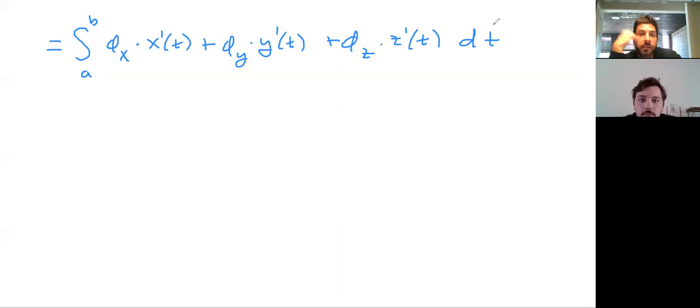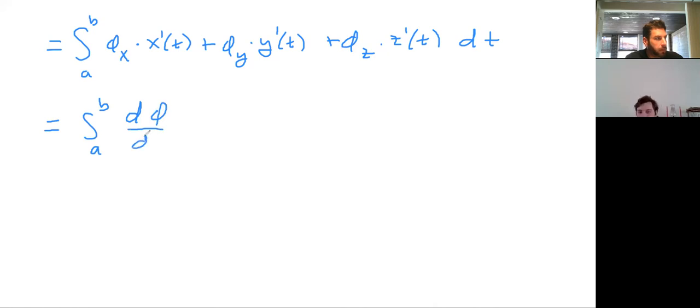But it is a very simple creature. If you truly understand the chain rule, you'll recognize that what is inside here is nothing more than the derivative of phi with respect to t.